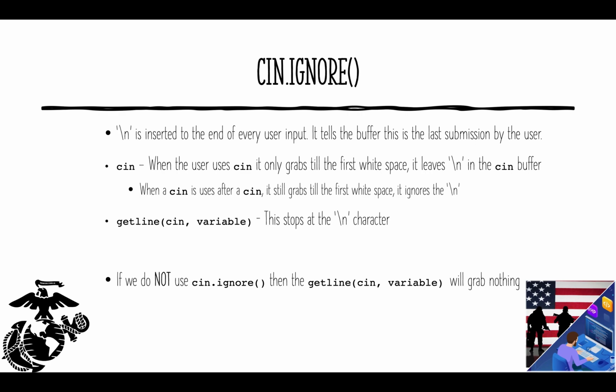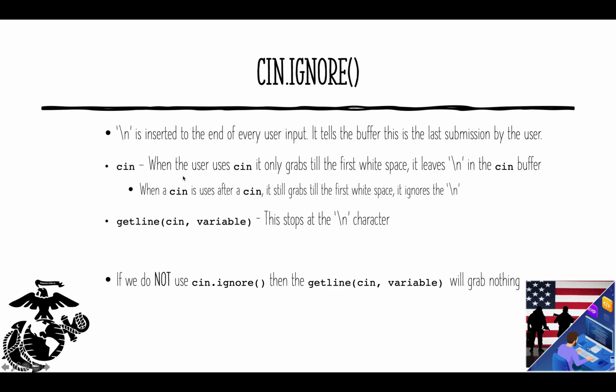You can have multiple inputs all lined up next to each other, and they can all be separated by spaces, and that would be the many sentences. And then at the end of all of that is going to be the new line character, and that just says that this is the end of the final transmission. The cin feature will always ignore the new line character. It doesn't ever see it, and it will completely ignore it.